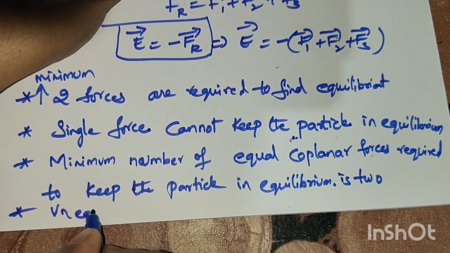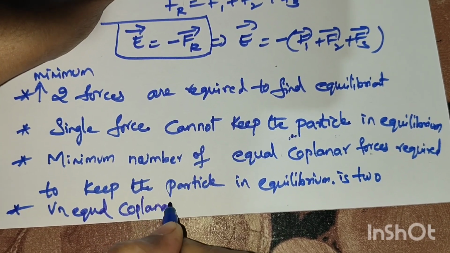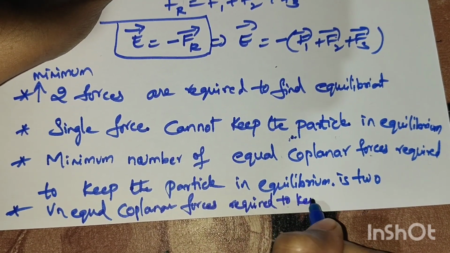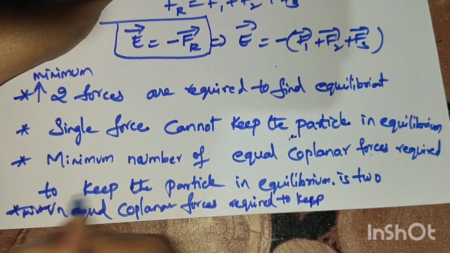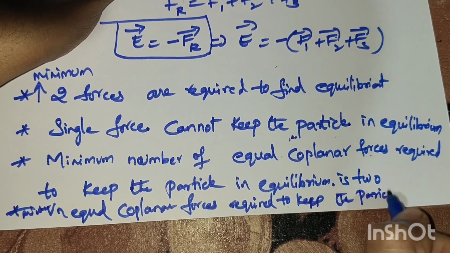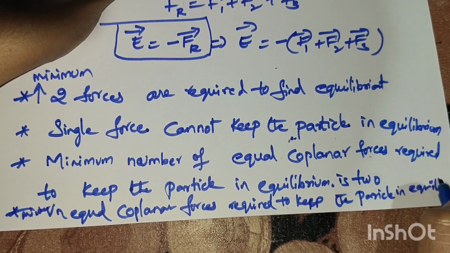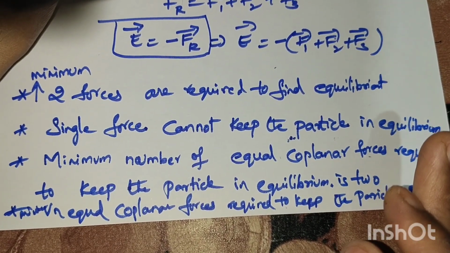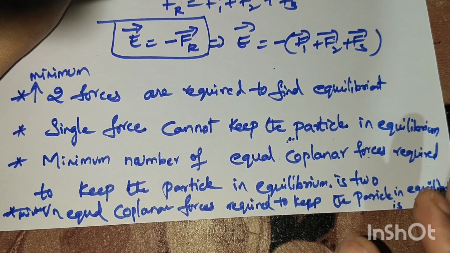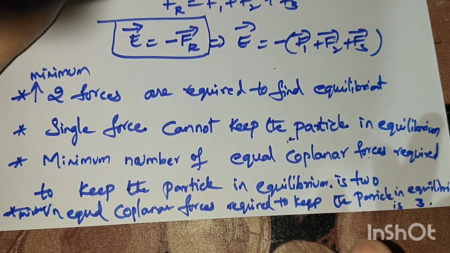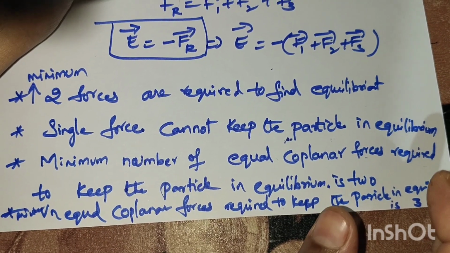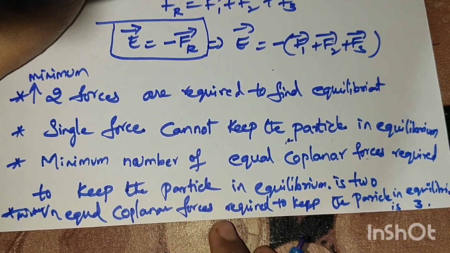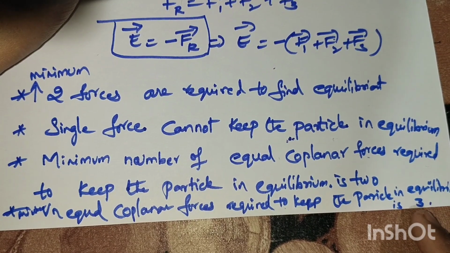So the minimum number of equal coplanar forces required to keep the particle in equilibrium is 2, and the minimum number of unequal coplanar forces required to keep the particle in equilibrium is 3.